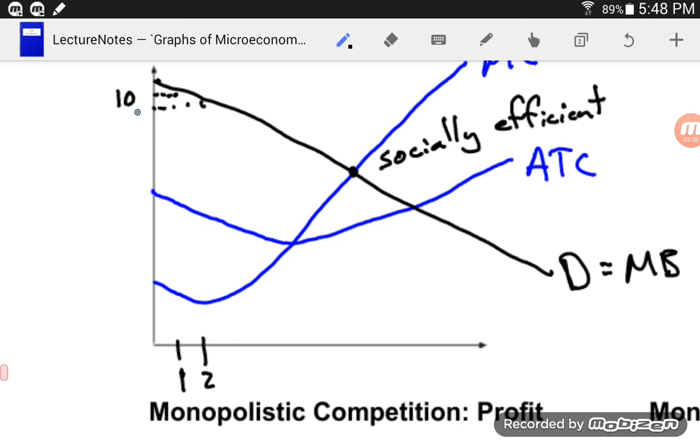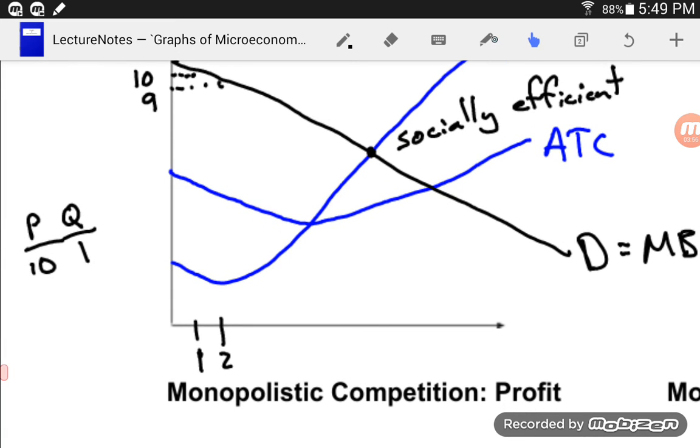I know this isn't graphically accurate, but let's call that price 9. So if the price is 10, the quantity that I'll be able to sell is 1, so my total revenue is 10. If I lower my price to 9, I can sell 2 of them, and my total revenue is 18.